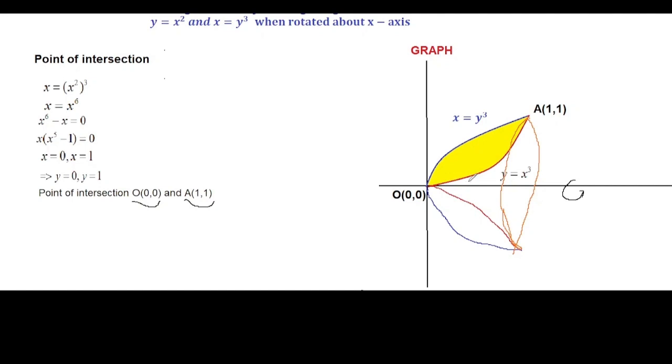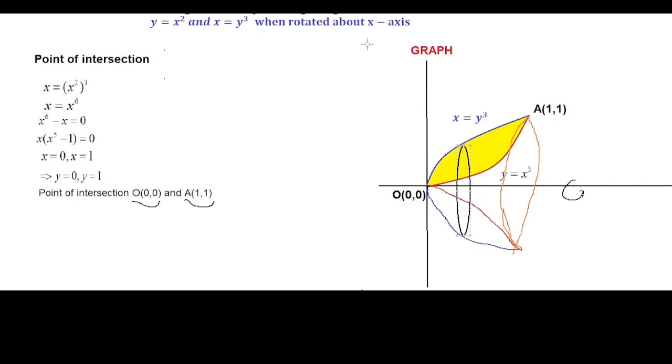Like in other cases, here also to find the volume of the solid, we need to take the cross sections of the solid perpendicular to the axis of rotation, that is the x-axis. But be careful, here the solid is a little bit different because this is actually a hollow solid.